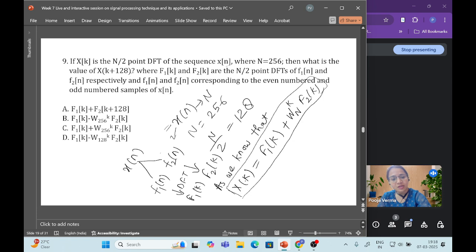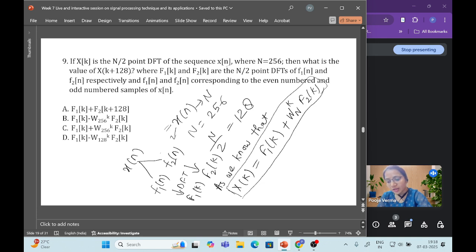Just consider it: X(k) is F1(k) plus W_N^k F2(k). This is basically the even and odd parts. The lower part, that is the odd part, is multiplied by this phase factor. Already we have seen this in the butterfly diagram.